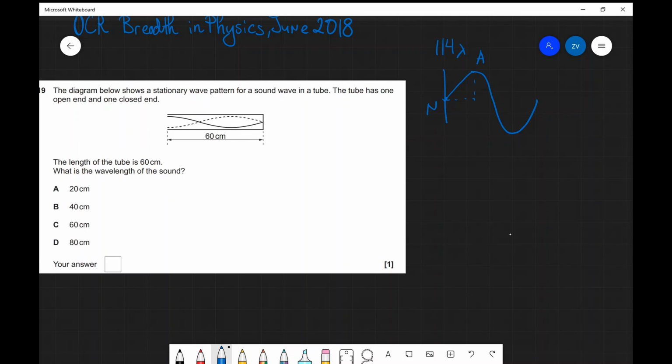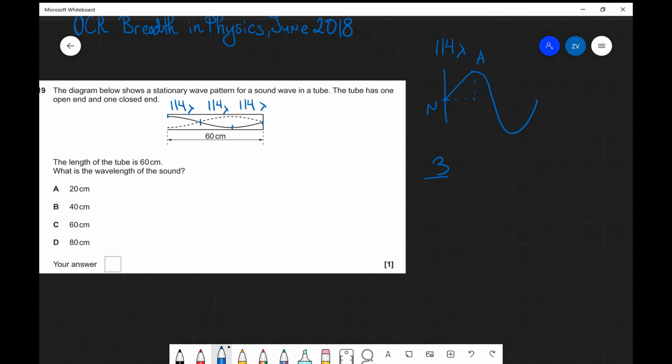Okay, well, let's apply this. If we have a node here and an antinode here, that means that this distance here is a quarter of the wavelength. This distance here is also a quarter of the wavelength. Finally, the distance from here to the end of the tube is also a quarter of a wavelength. Looking at this diagram, we can clearly see that the whole length contains 3/4 of the wavelength.